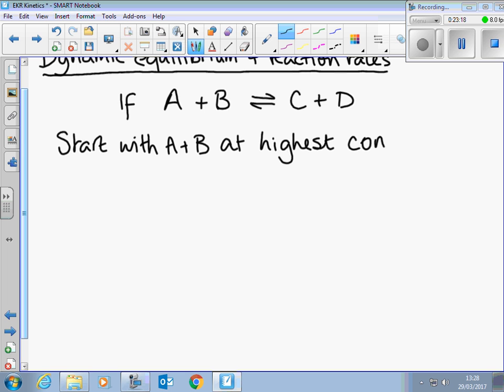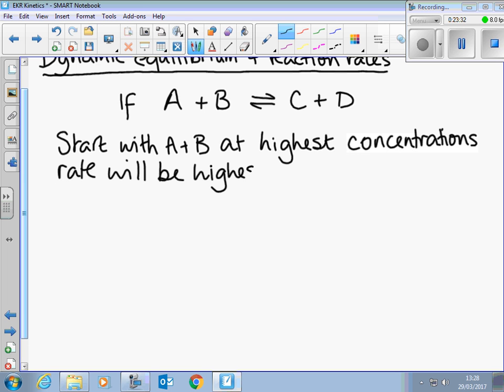So if we start with the highest concentrations, the rate's going to be highest. And then as they react, their concentrations will fall, so the rate falls.